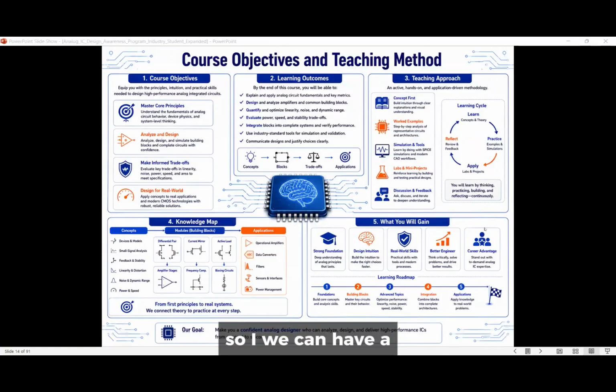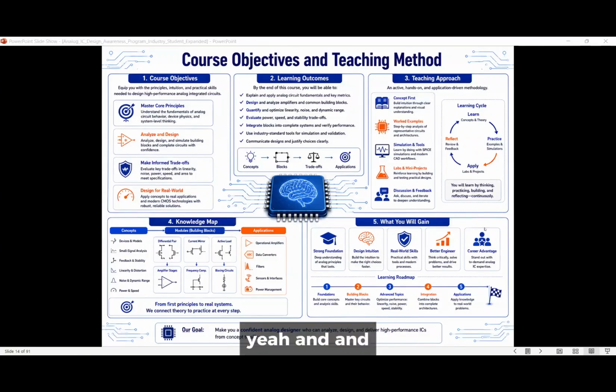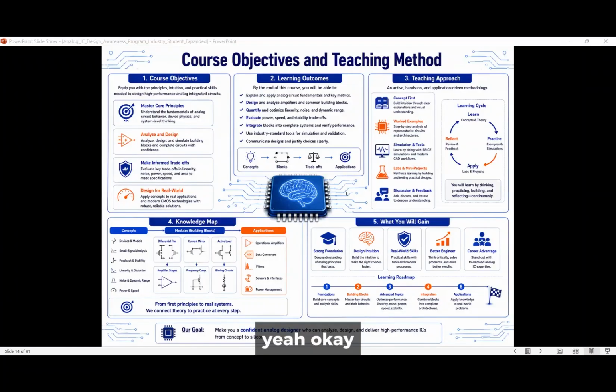So we can have something like an interview here. So you understand how the expert will ask questions, and what your way is to answer quickly to each question. Okay.